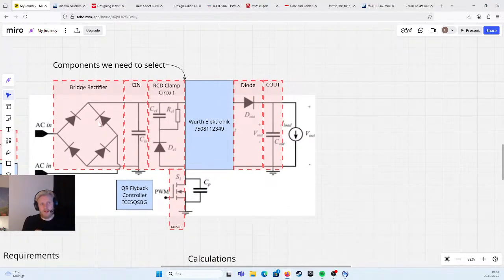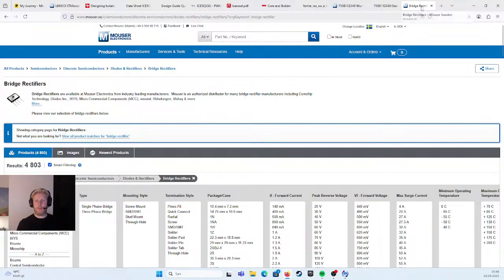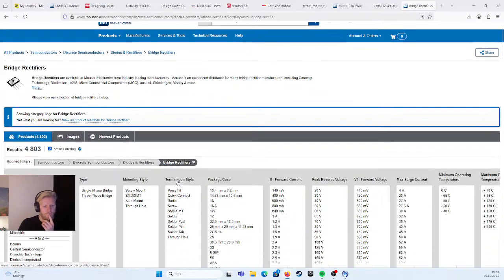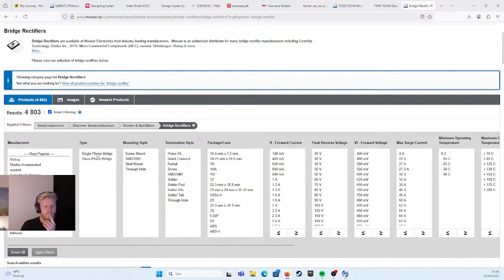We can do the bridge rectifier. I'm curious about that. So what I will do is, because I don't know, I will go Mouser and then bridge rectifier. Bridge rectifiers. Single phase bridge, 3-phase bridge.